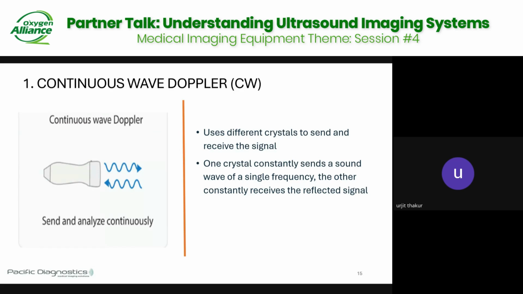One crystal consistently sends out a sound wave of a single frequency, and the other consistently receives the reflected signal. So it's continuously sending and analyzing. That's how you get continuous imaging.